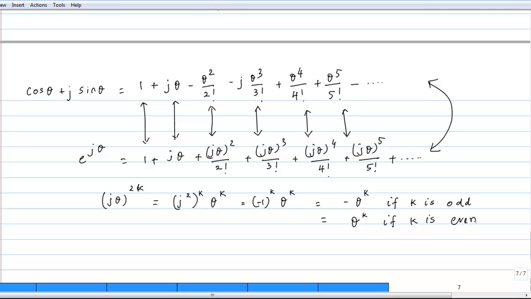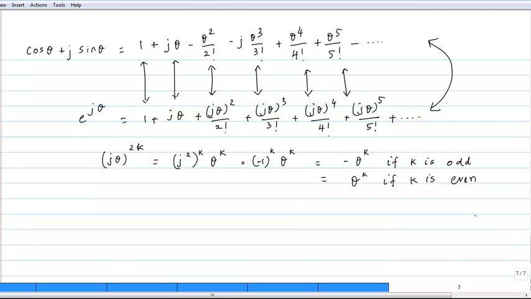In the same way, if you have j times theta to the 2k plus 1, you're just going to have an extra j everywhere.